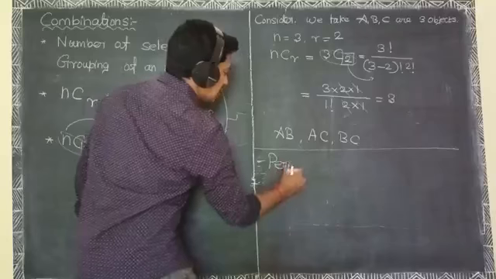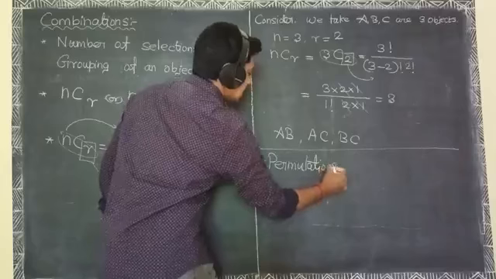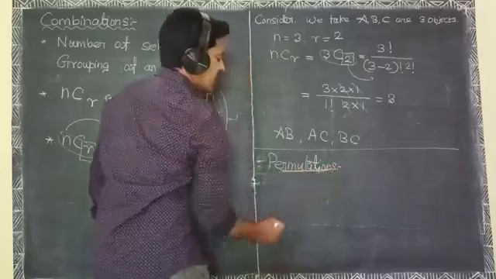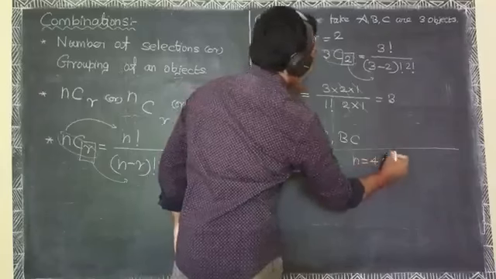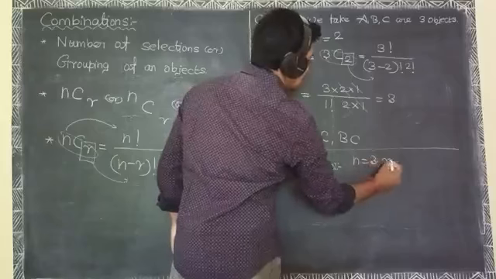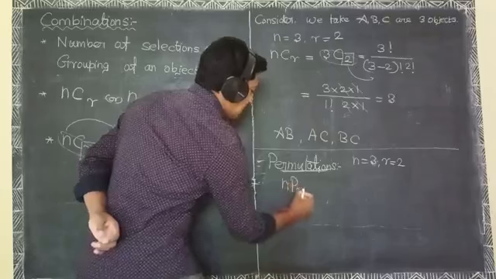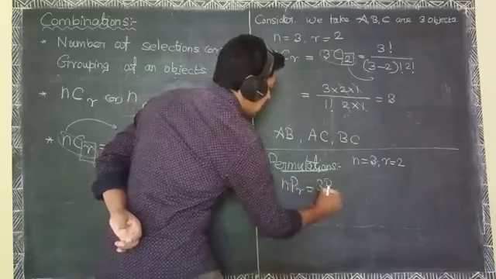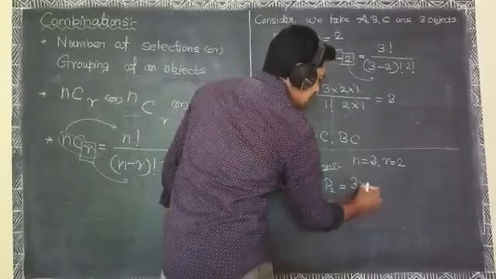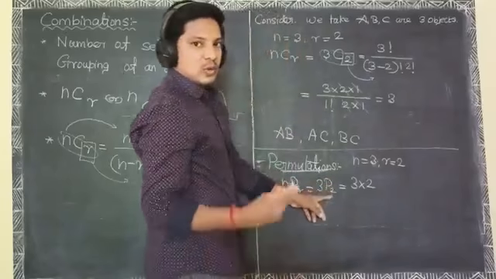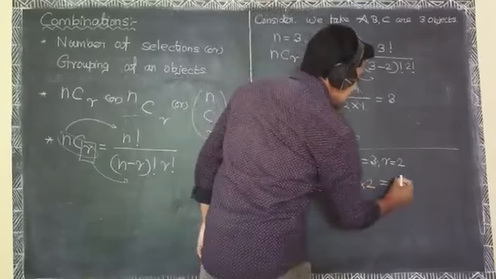Already we know permutations. Here we take n equal to 3 and r equal to 2. nPr is 3P2, which means 3 into 2, because we take two objects at a time, so 3 into 2 is 6 ways.